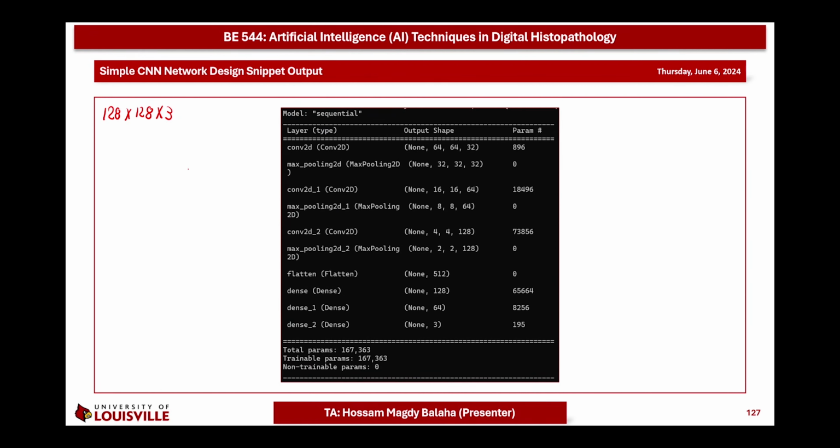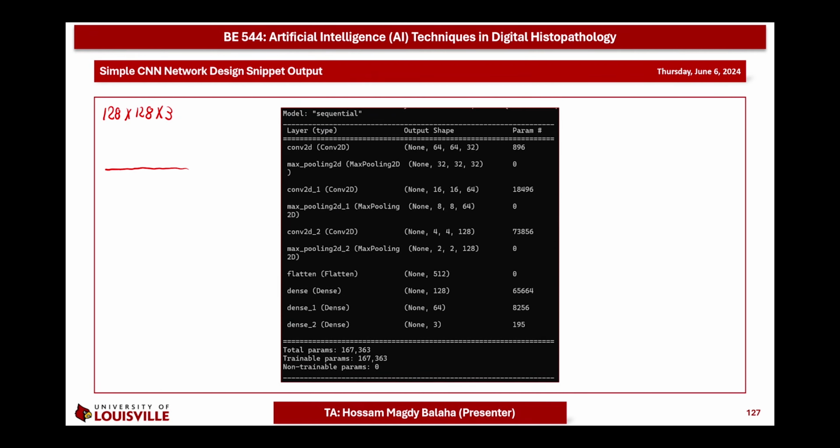If we apply our equation to get the width and the height, to check if these numbers are correct or not, it will be 128 minus 3 plus 2 multiplied by the padding, which is 1, divided by 2, which is the stride. We then floor that number and add 1.